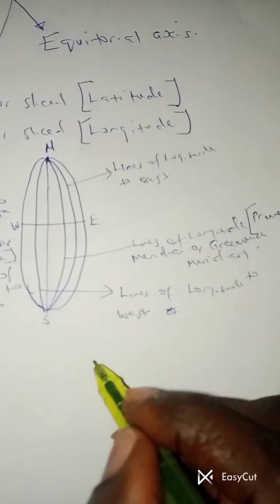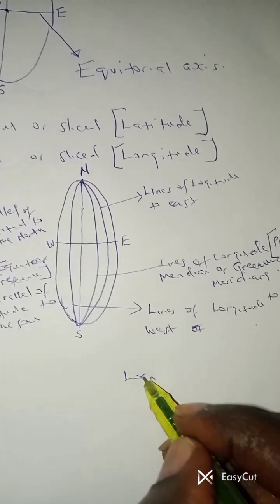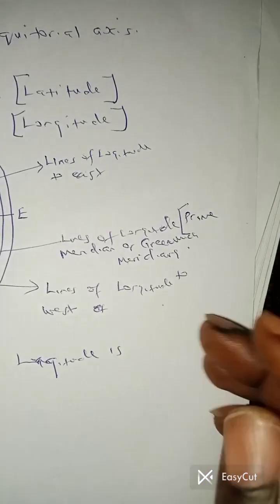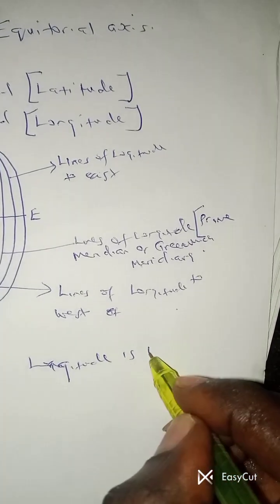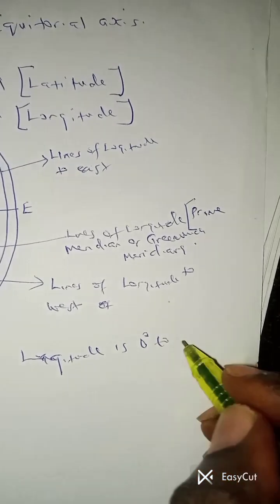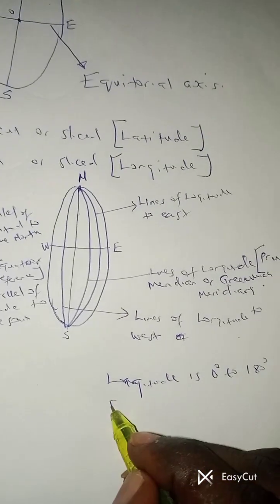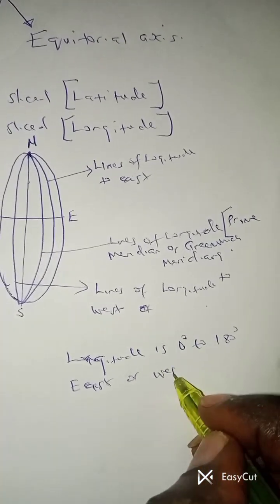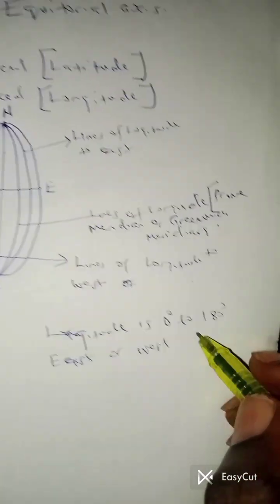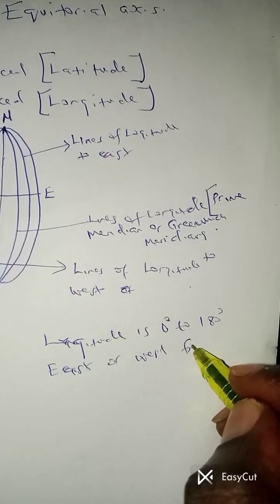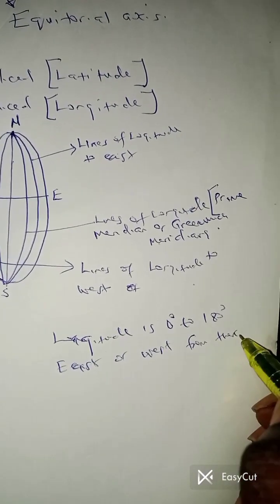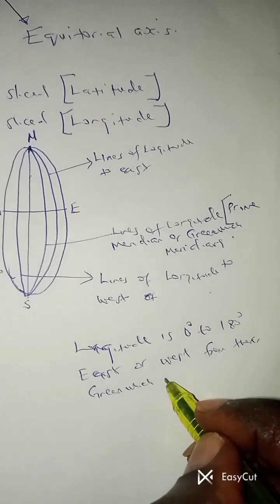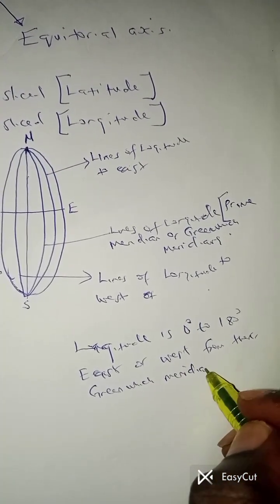While here we say that longitude, that's its angle measurement, is 0 degrees to 180 degrees east or west from the Greenwich meridian, or you can also call it from the prime meridian.